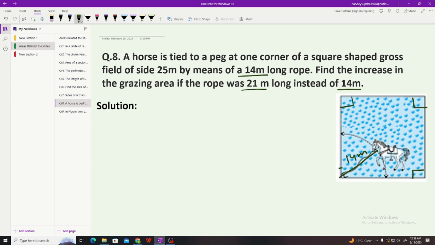So now theta here is 90 degree. Since we need to find the increase in the grazing area, if the horse is tied to a rope of 21 meter long, then the horse will be grazing this much area.